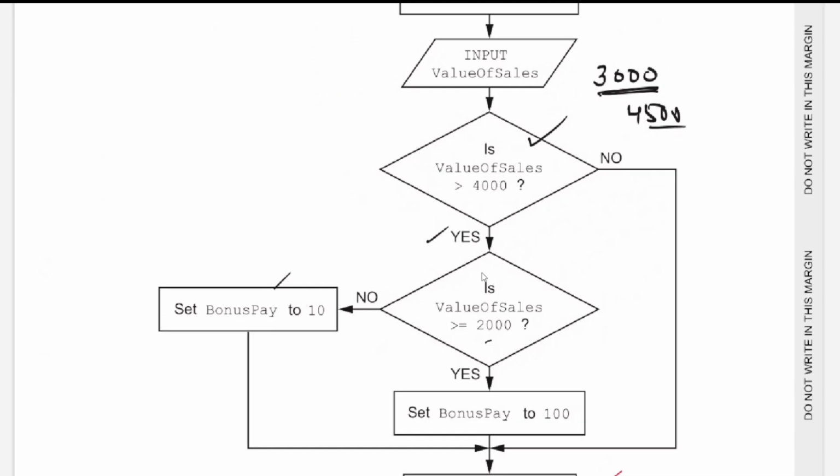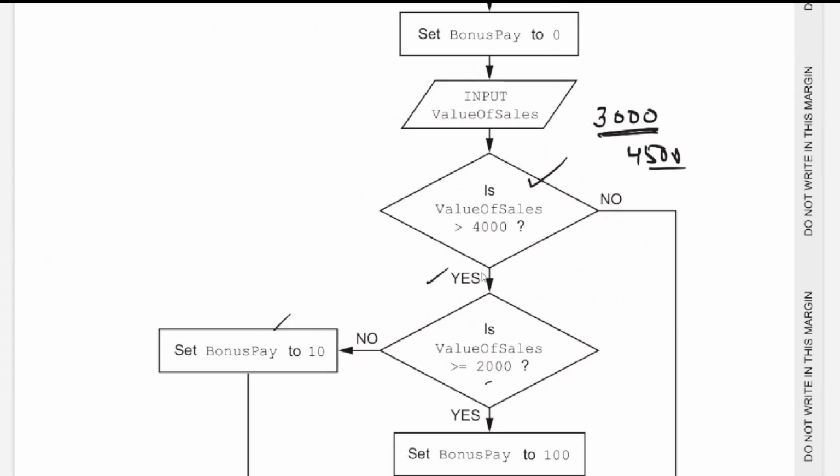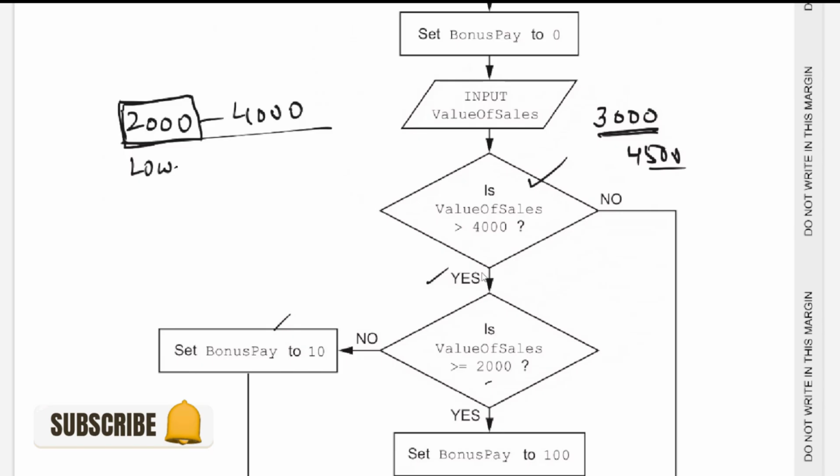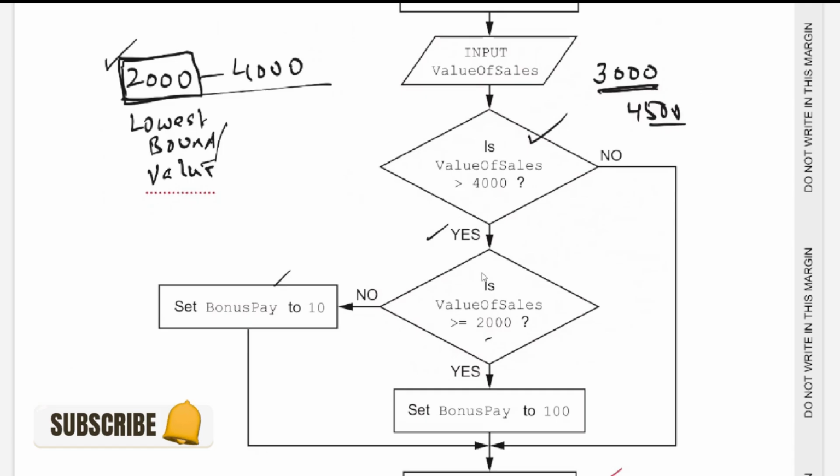So what is the reason? Why is this happening? You can see that for the criteria 2000 to 4000, the value of the sale must first be tested or checked against the lowest bound, or the lowest value. It must first be validated on the basis of this. So basically, this decision box should be here and this must be here.